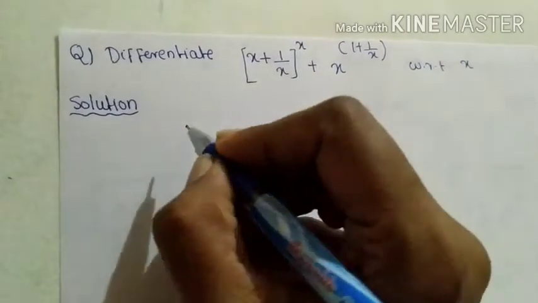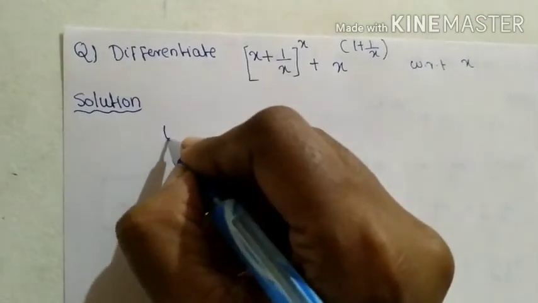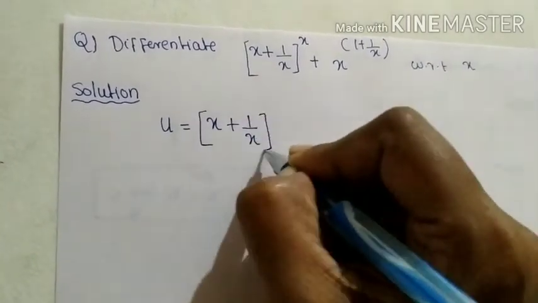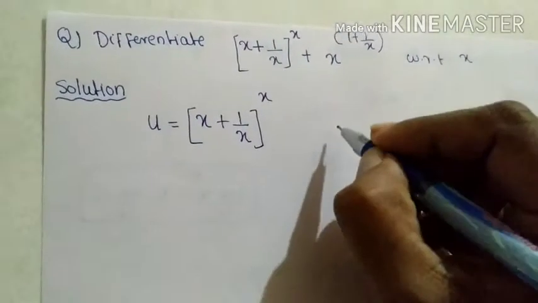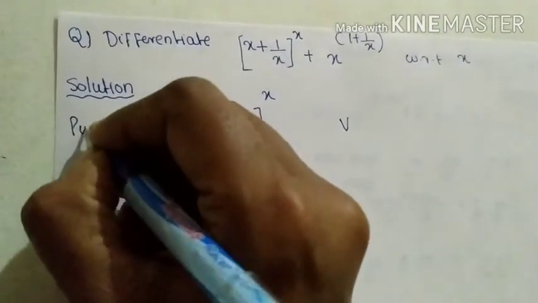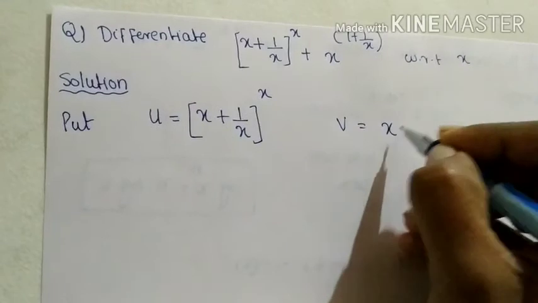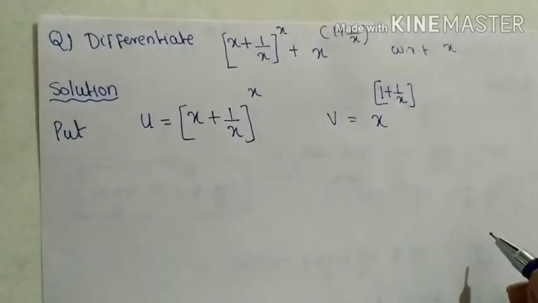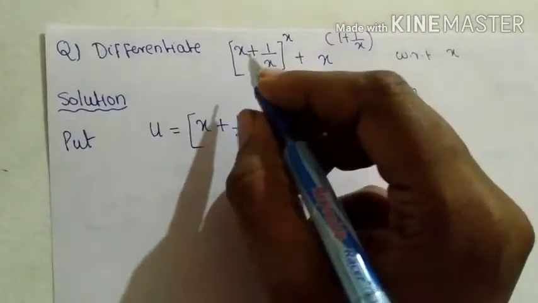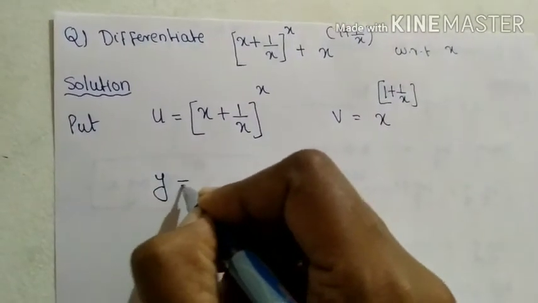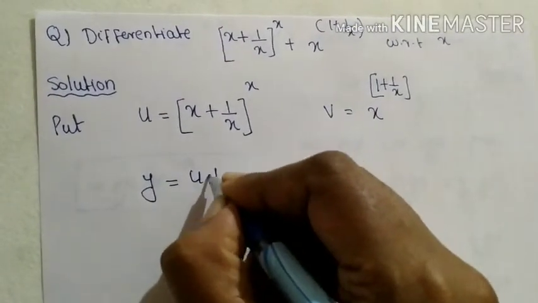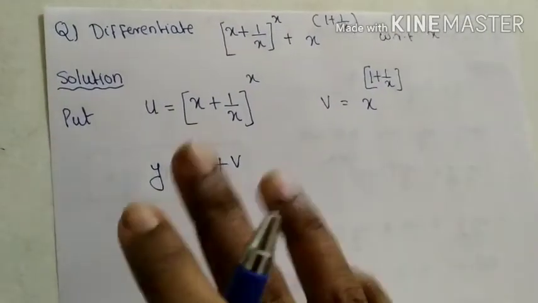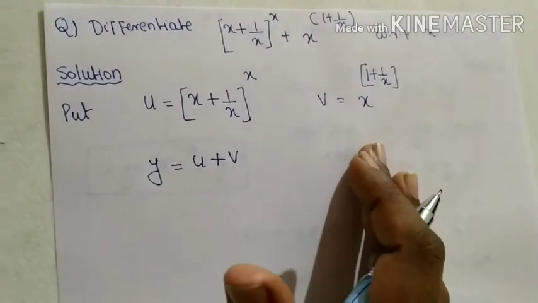First of all, I'm going to put u equal to (x plus 1 by x) whole raised to x and put v equal to x raised to (1 plus 1 by x), and put the whole function as y equal to u plus v. Okay, so y equals the sum of u and v.